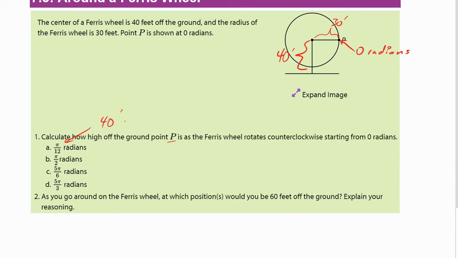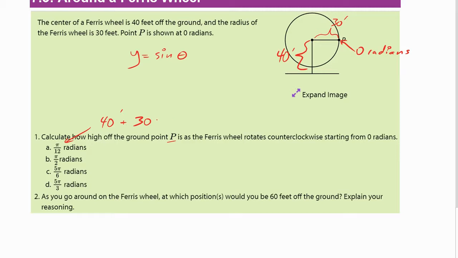plus our scale factor, which is 30 feet, and they're asking about height. They don't care about left or right. So do we care about the x value? No, we just care about the y value. Y is sine, right?